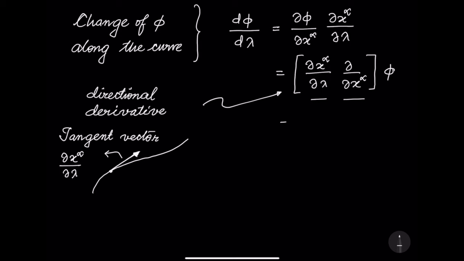This I can write as, if I call the directional derivative w, w alpha and then phi comma alpha from our old notation. So this is a vector and this is a one form. Or these are components of a vector and a one form.